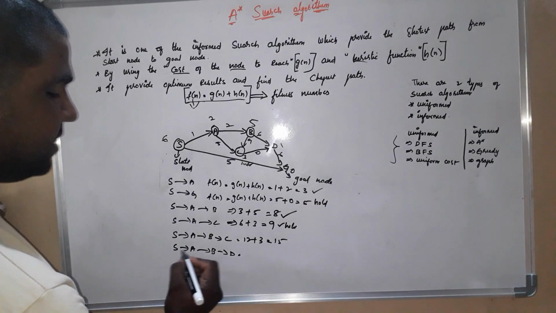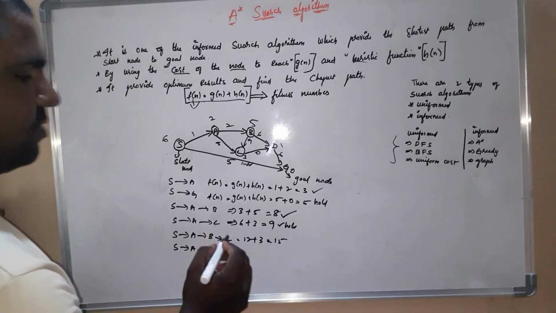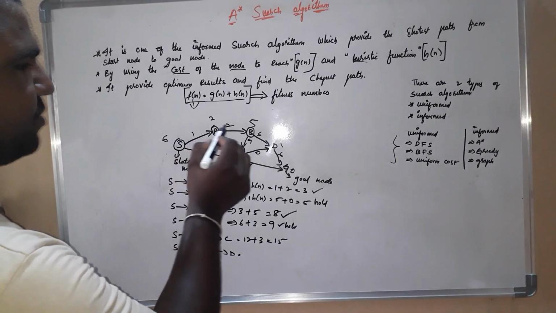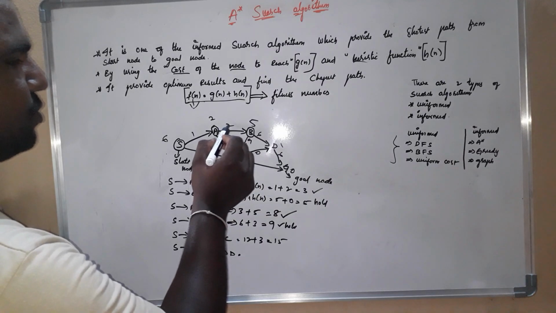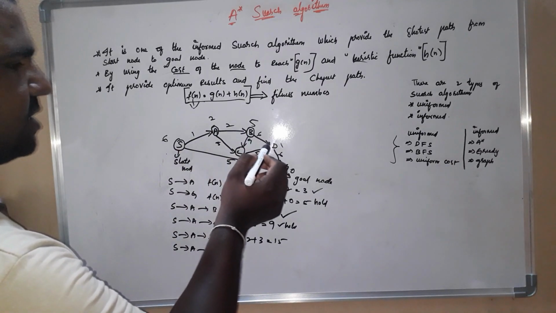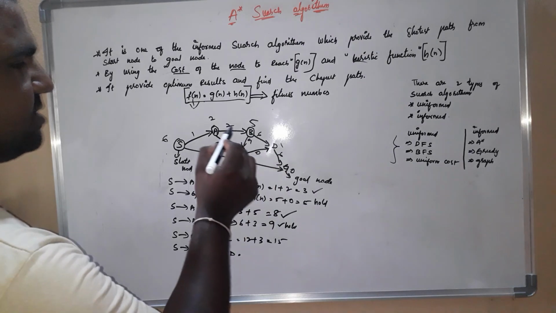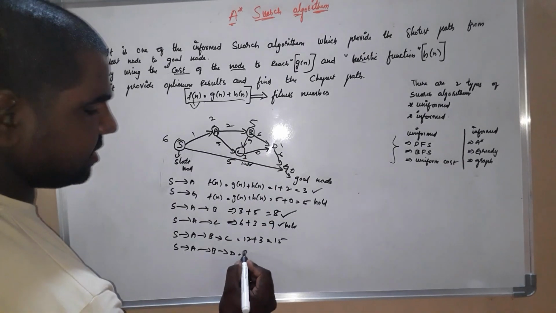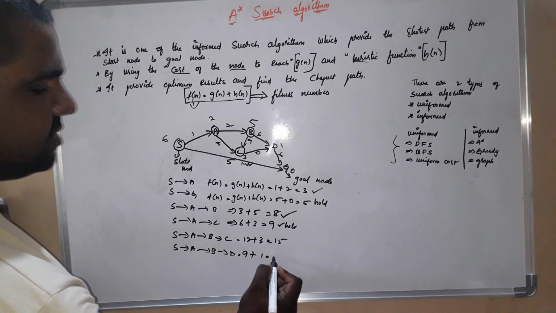And here SABD, we have to go. g of n is S to A 1, A to B 2, that is 3, and B to D 6, so 6, 7, 8, 9. Here 9 plus the heuristic function of D, which is 1, that is 10.